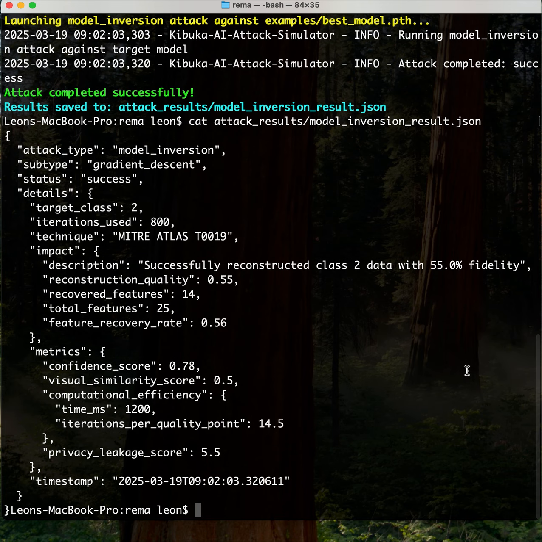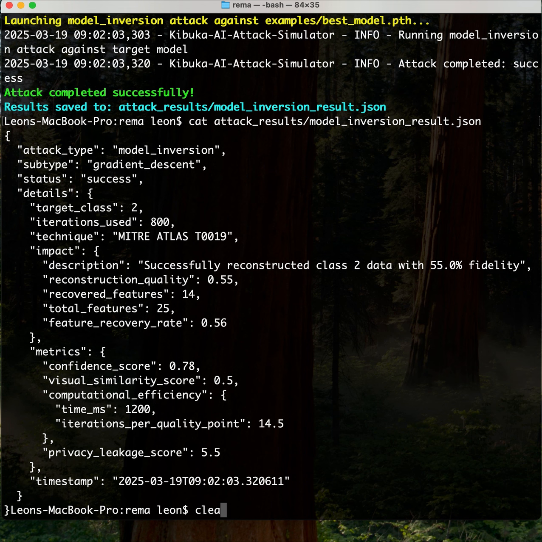So why not do another demo on quantitative security metrics, so that we see what truly sets Kibuka apart from its other abilities, because we want quantitative security metrics that can translate into technical vulnerabilities. And then later, these technical vulnerabilities, we can convert them into business risks.